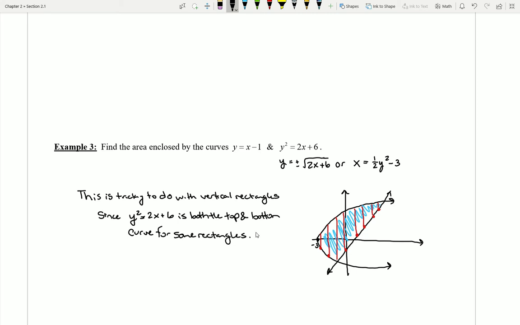So what we're seeing here is that while it might be easy to describe some of the heights of some of these rectangles, it becomes a little bit more difficult over here on the side.